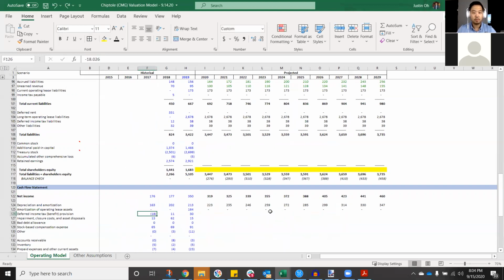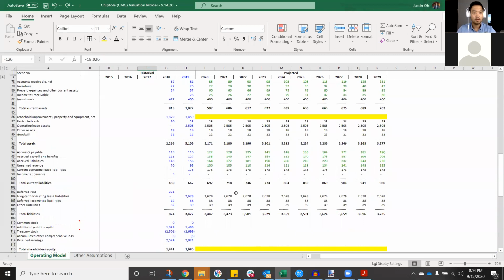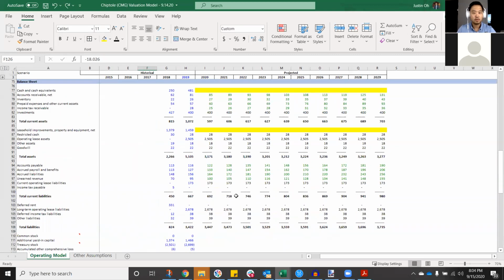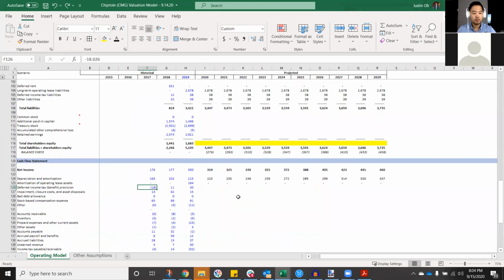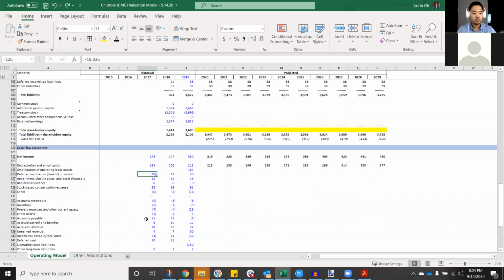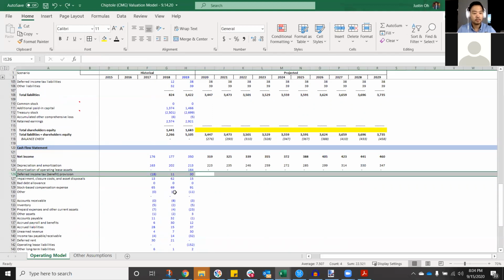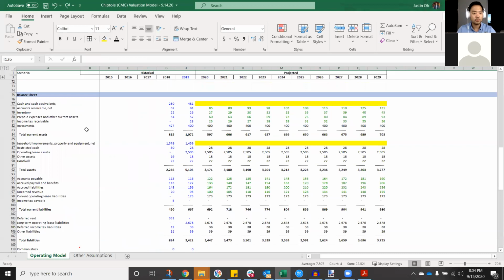Deferred income tax benefit or provision. Prepaid expenses, deferred income tax.